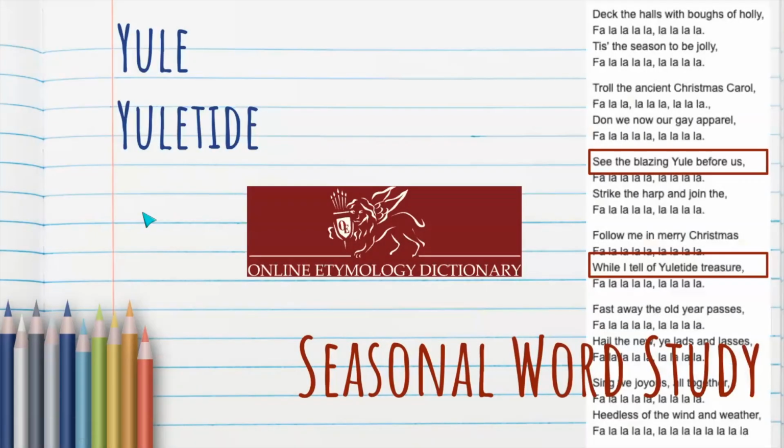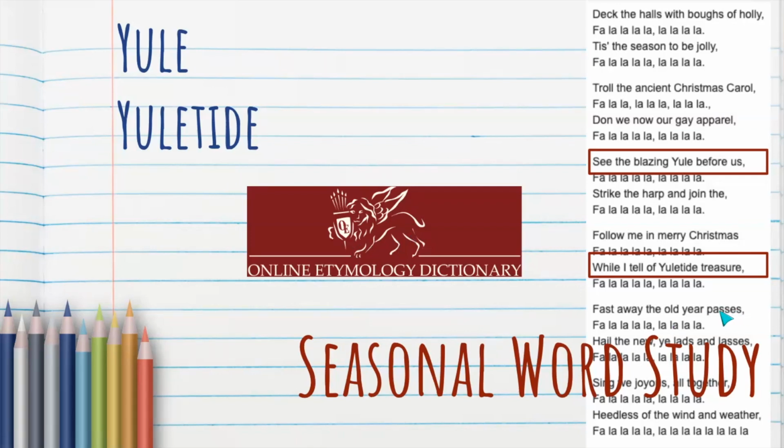And the last one came to me while we were caroling, because what is a Yule, and what is Yuletide treasure? Now, as I look in this song, Deck the Halls, there's lots of words that I could investigate here. Fa la la la is not one of them, but I could look up the word holly or boughs or ancient, blazing, treasure, passes.